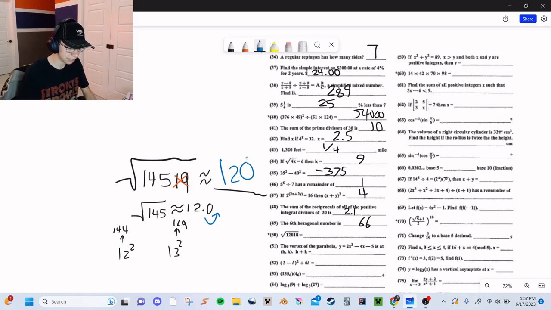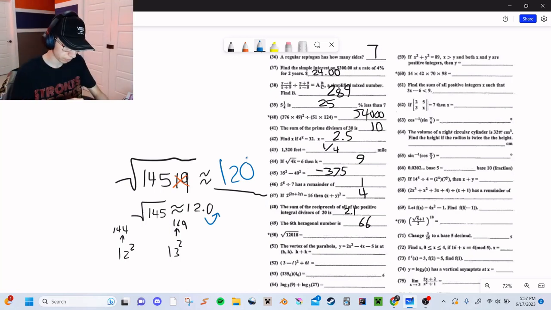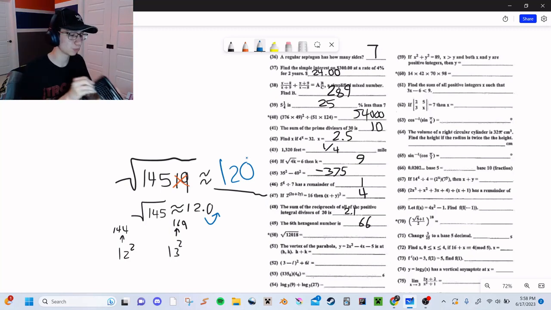And if I look here, this calculator, I'm getting the square root of this number. It's pretty darn close.